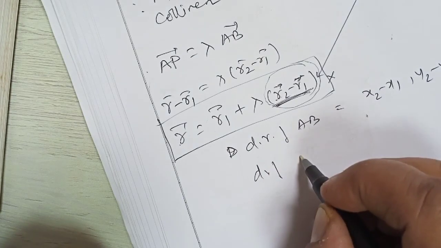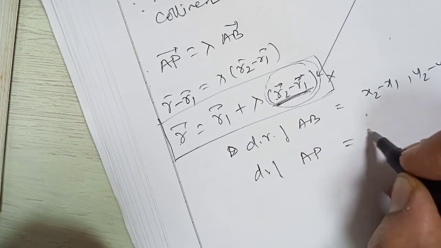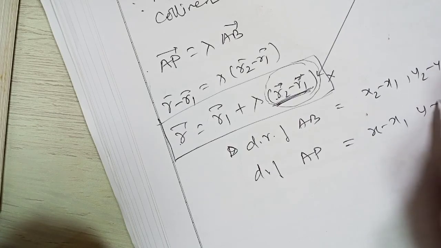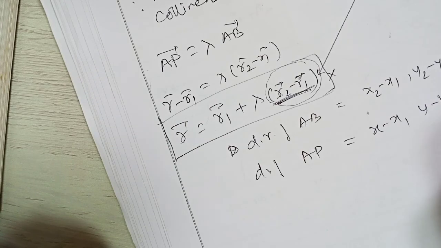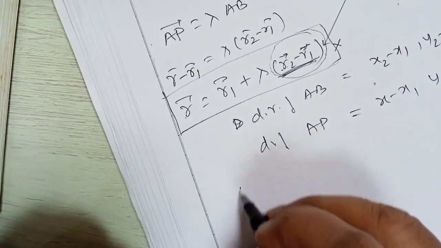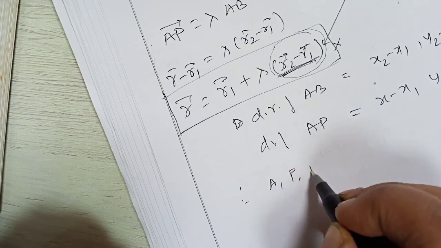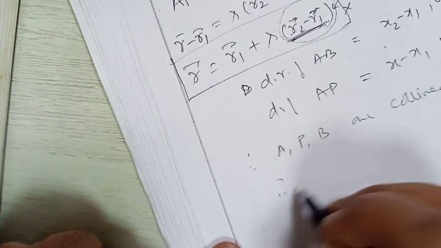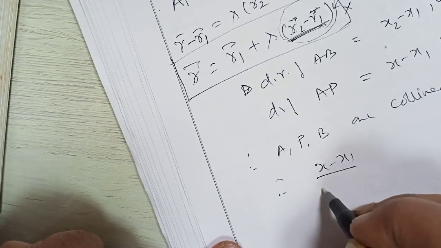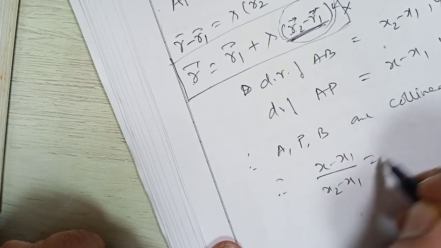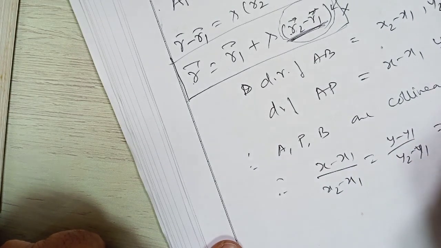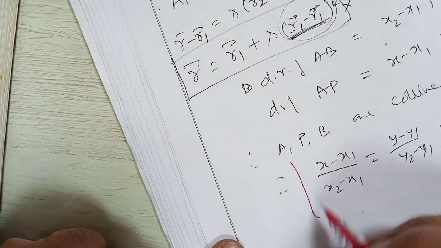DR of AP will be x minus x1, y minus y1, z minus z1. Since A, P, B are collinear, therefore x minus x1 by x2 minus x1 equals y minus y1 by y2 minus y1 equals z minus z1 by z2 minus z1, which is the equation of the line in Cartesian form.